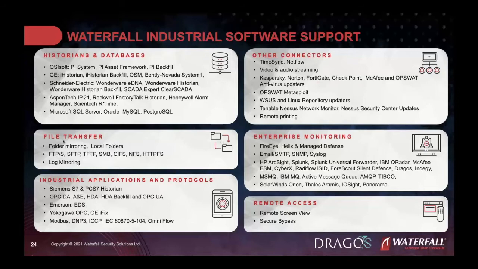So this is just an example of what I'm talking about in terms of the software that we use. This is just a very small sampling of all the software that we have. But you can see, like in our example case here, there are many different types of historians that we can replicate. We can also move data via files. We can move data via industrial applications and protocols, all those that you see there and more.